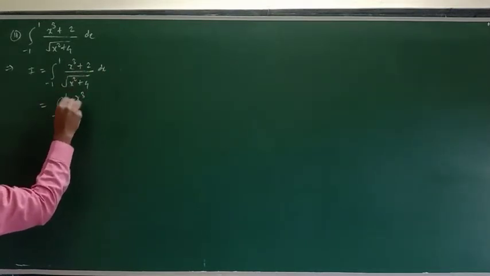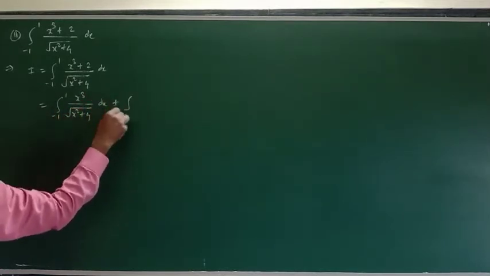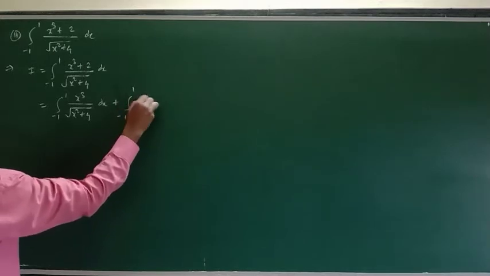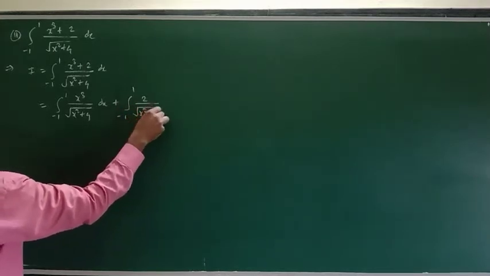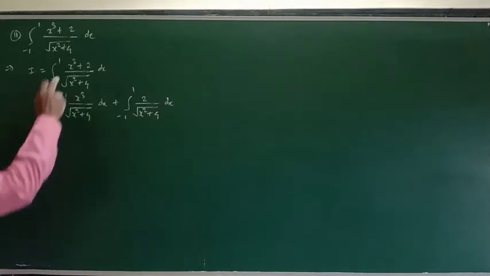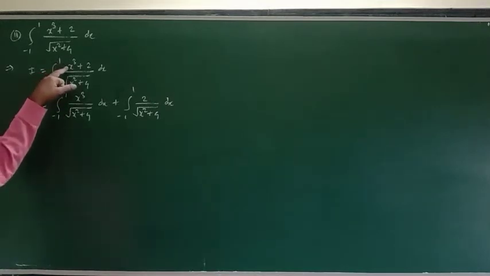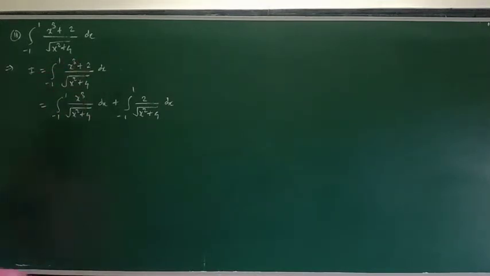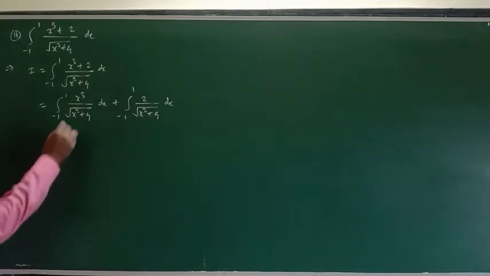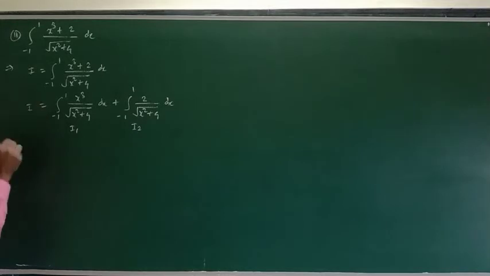Minus 1 to 1 x cube upon root x square plus 4 dx plus minus 1 to 1 2 upon root x square plus 4 dx. As you know, the function in the denominator is an even function, x square plus 4 and x square, but in the numerator two different functions are there. One is the odd function and the other is a constant function. So if I separate these two integrals, this is I1 and this is the I2 integral.